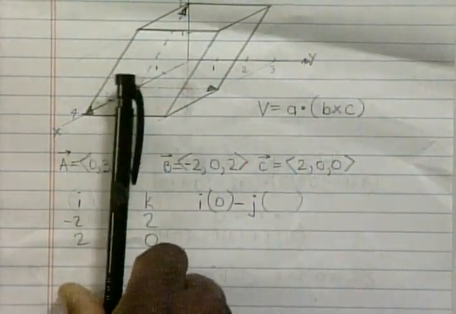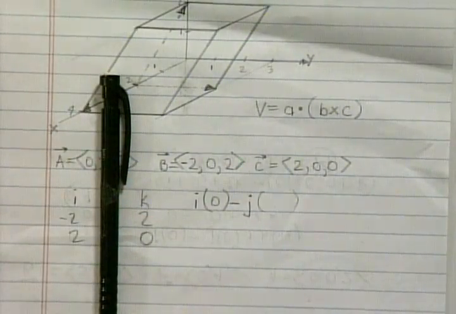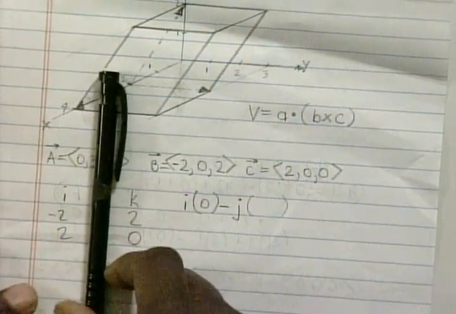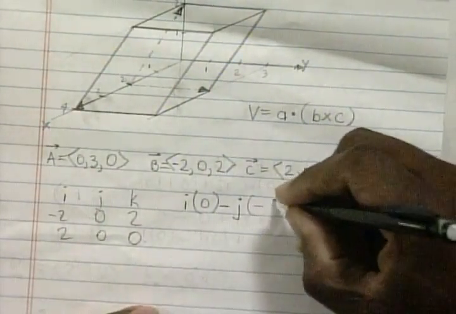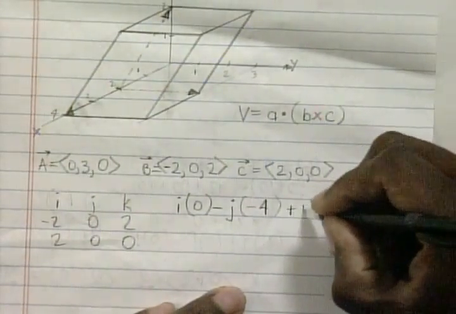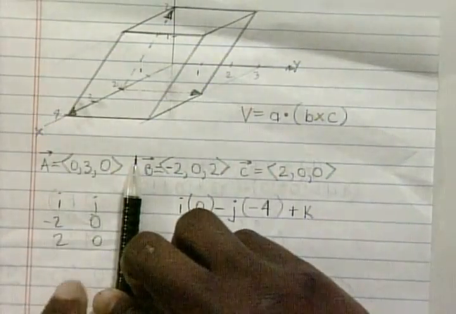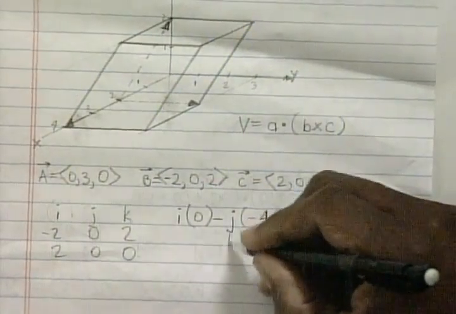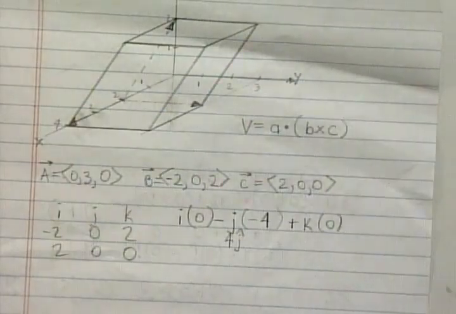If you cross this column out and this top row out, the determinant of the submatrix is 0 minus 4, so that's a negative 4. And then plus, by rule, k, you eliminate this column and this row, and the determinant of the submatrix is 0. So you end up with a 4j. That's the cross product of B times C.